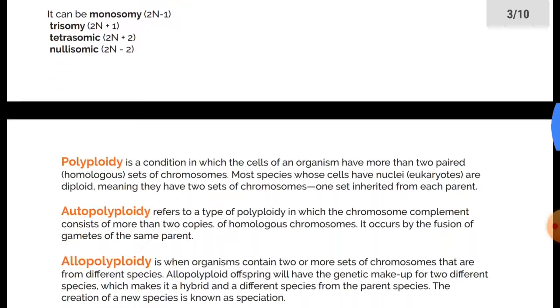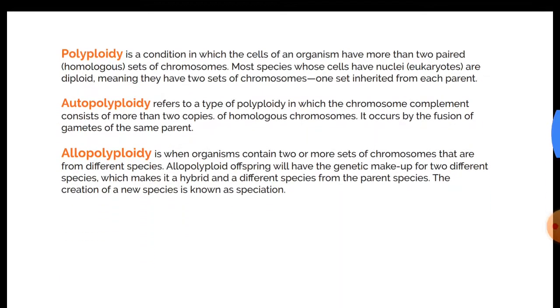Now, if we come to the set of the chromosomes, that term is known as polyploidy. When we talk about the chromosome number or the sets of chromosome numbers in an individual or in a particular cell, we start from haploid, that is one single set of chromosomes. If there are two sets present, then it is known as diploid.